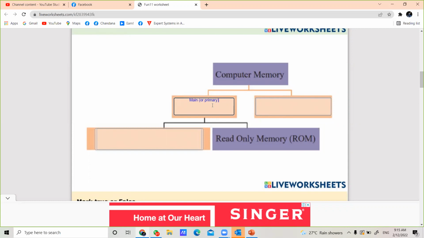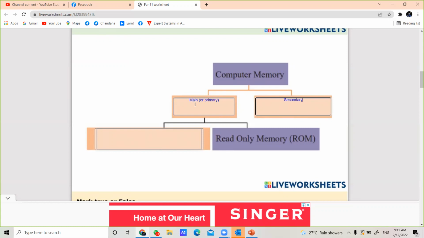Remember that term also. The other part is secondary memory. Right, later we will get the difference between these two.